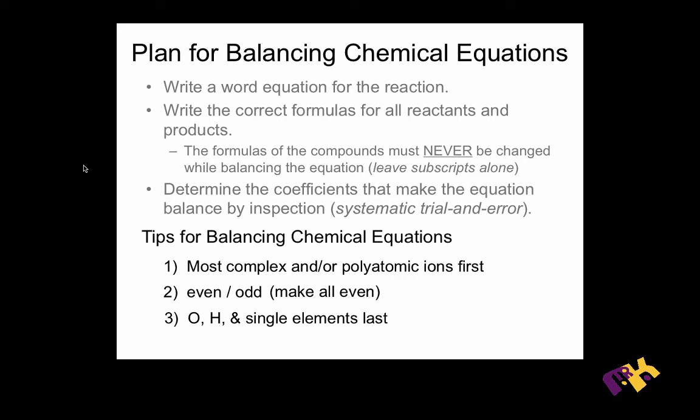Versus when you change a number in front of a polyatomic ion, if you need more nitrate, then every time you increase the number, you're adding another nitrogen atom plus 3 more oxygens. So these are just 3 tips that help you avoid getting lost or spending more time balancing than you need.